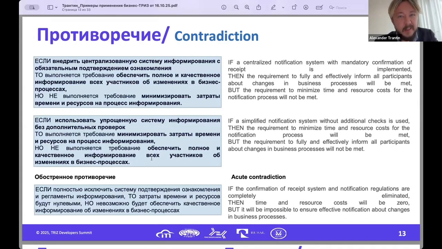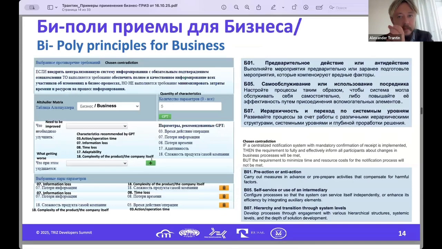But this centralized system is money consuming because you have to think of the whole architecture and of the resources for informing, but that's a working contradiction, and you can play with it, manipulating it, using bi-poly methods.